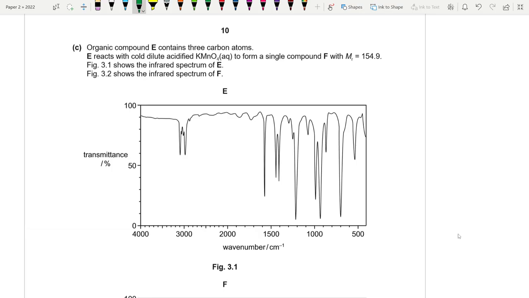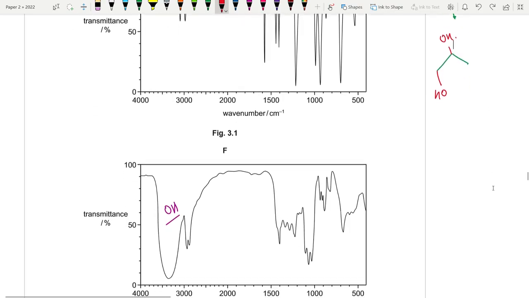So guys, it's a 3 carbon compound. I know that for sure. And it has an alkene group like this. Now, I'm expecting that after it turns into a diol, we are going to get this broad peak on this side, due to the hydroxyl group.